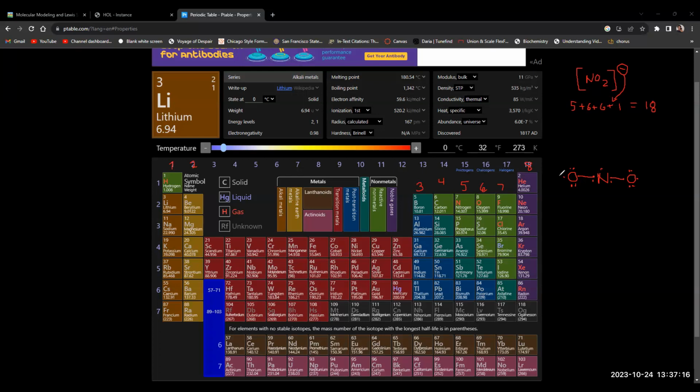So one thing we could do is attach this lone electron from the left oxygen onto this lone electron on the nitrogen. And then we could do this one on the right to this one.